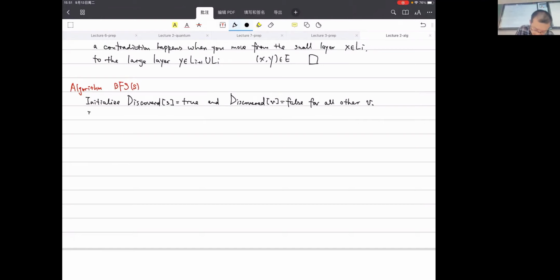And as we discussed, we are going to have a 0th layer. So we initialize L0 to be just the vertex S, and we have a layer counter i equal to 0. Currently we don't have anything else yet, so we set the BFS tree to be the empty set.